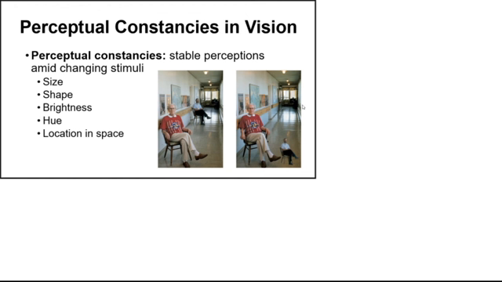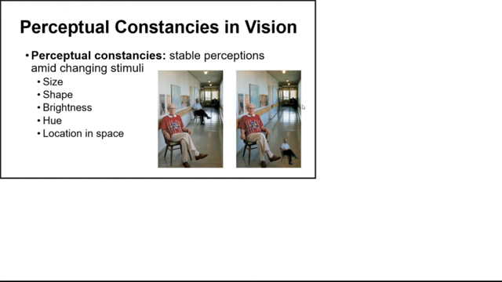The next two go together, so brightness and hue. This is the idea that, standing here under these awful fluorescent lights, my sweater looks to be this specific color. If we went outside under sunlight, it would look a little bit different. It might be brighter or darker, or it might look a little bit more green or less green, depending on what wavelength I'm standing under.